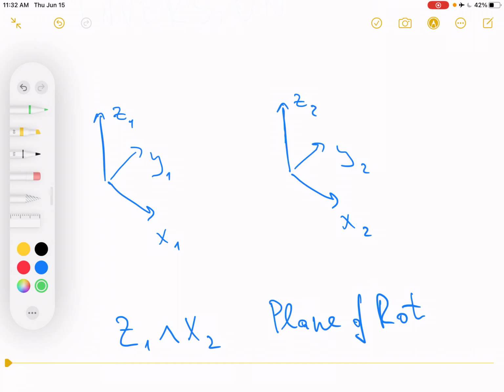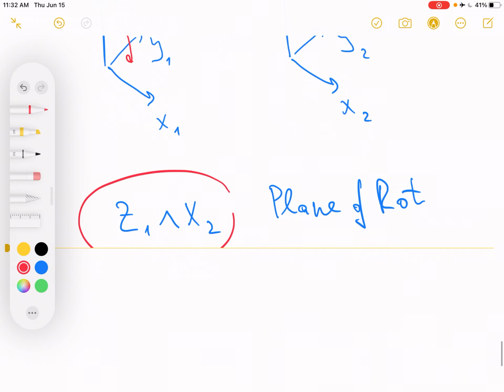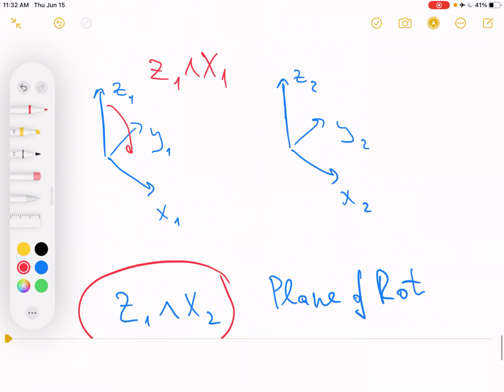For example, let me take a red pen. The Z1 wedge X1 plane of rotation would be rotating the first qubit in this way. But entangling rotations are the rotations which are of the form like this, the Z1 X2 plane of rotation.